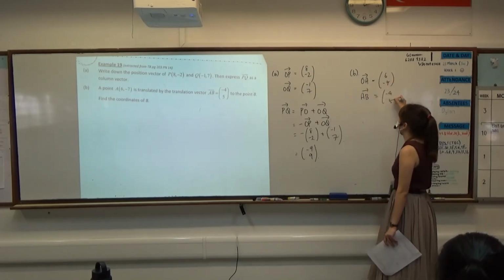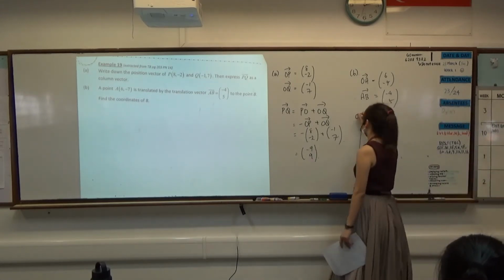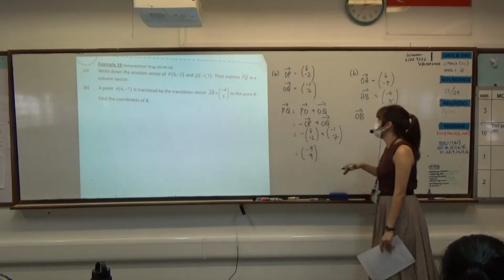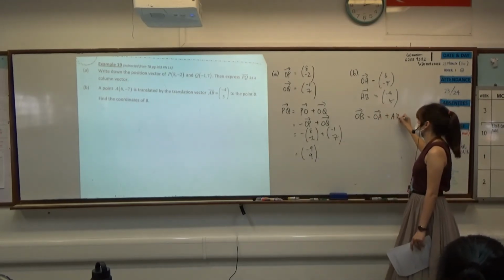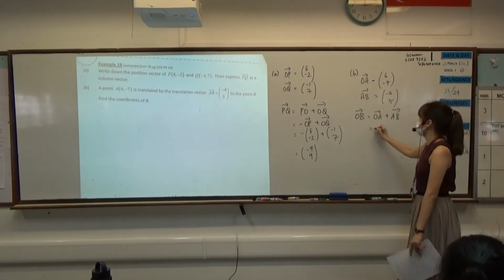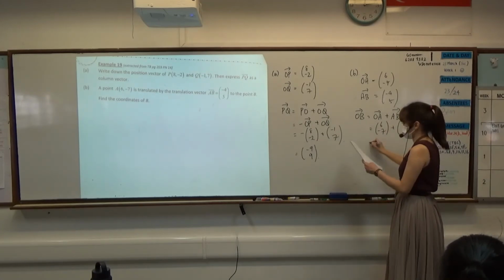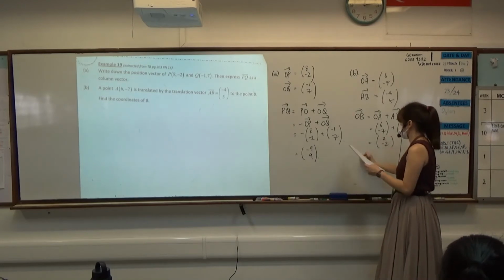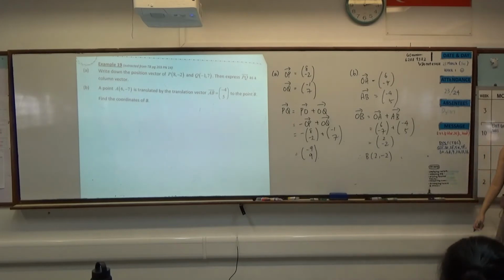If I could find OB, the vector OB, that will tell us the coordinates of B already. To figure out the vector OB, that is OA plus AB. So we will have 6, -7 plus -4, 5. And therefore B itself is 2, -2.